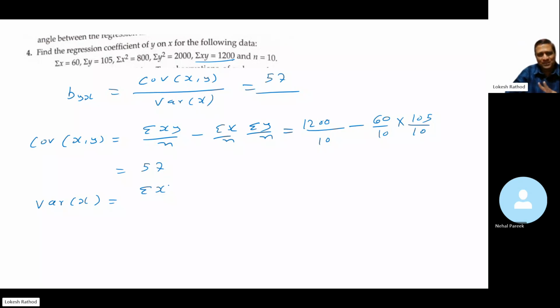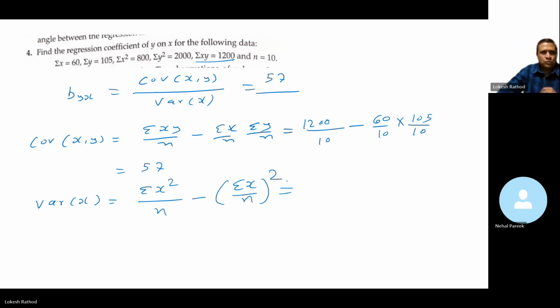Then we could use sigma x square over n minus sigma x over n whole square. Correct.